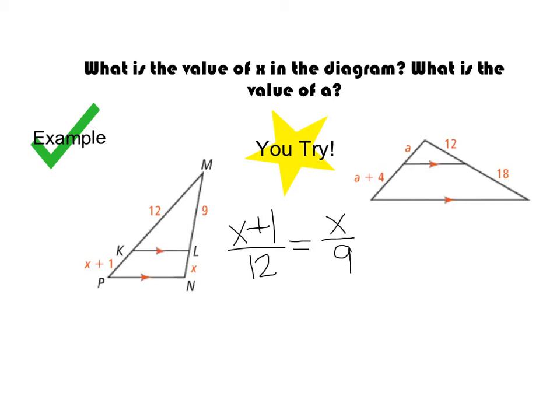And then I'm just going to solve. So cross multiplying, when I multiply the means, I get 12x. And when I multiply the extremes, I get 9x plus 9. Bringing the 9x to the left side using subtraction, I'll get 3x equals 9. And then dividing by 3, x equals 3.